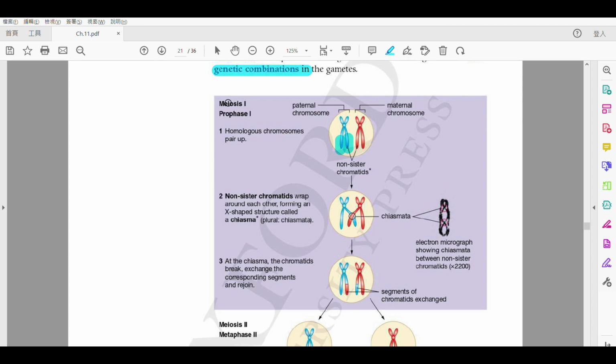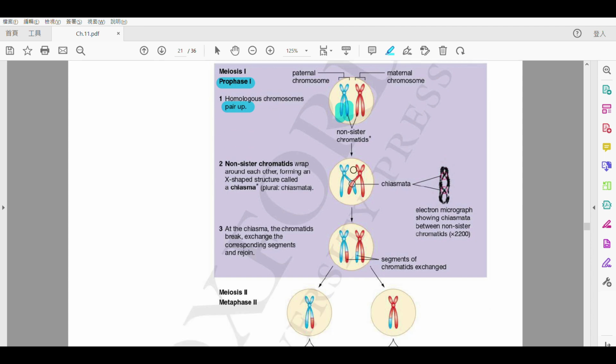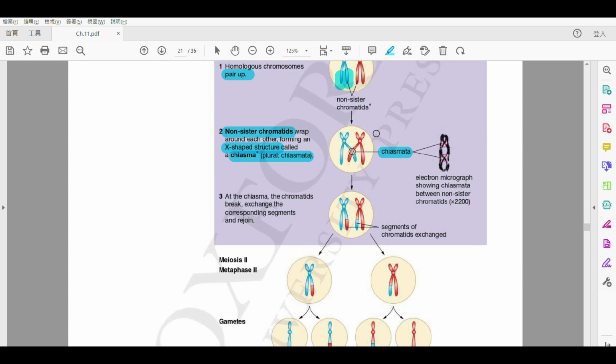So this is prophase 1. They pair up, remember, and then crossing over takes place. How? They exchange corresponding segments, but between non-sister chromatids. They wrap around each other and form an X-shaped structure. We need to know this name: chiasmata. Say it yourself once. If singular, it is chiasma, plural chiasmata. Know this word.